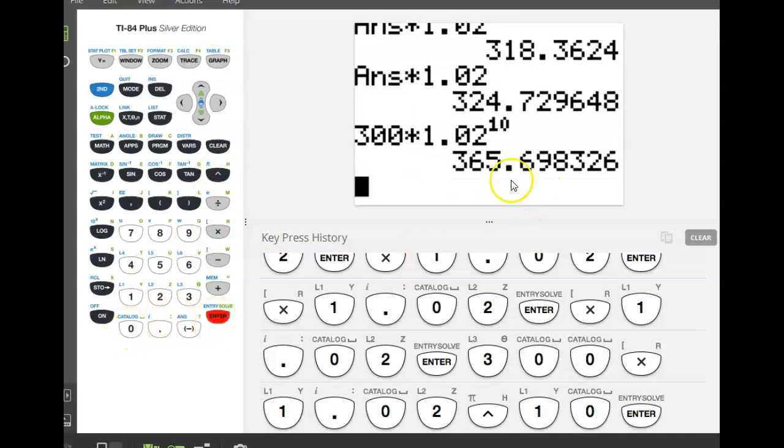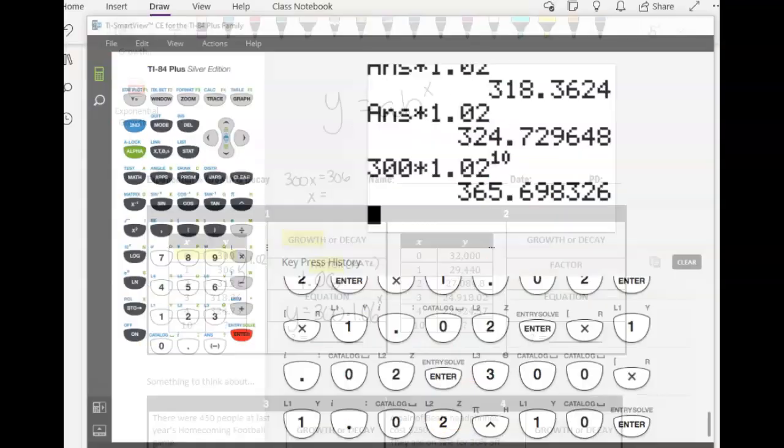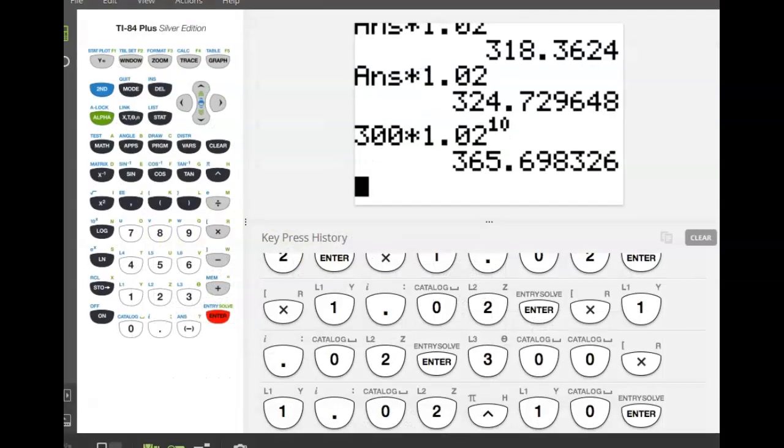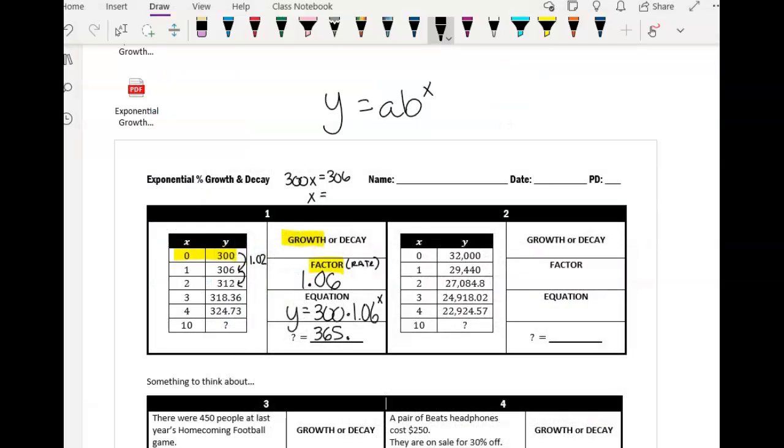I hit enter, and we get 365.698. Everything else is rounded to the hundredths, so we round to the hundredths, and it's going to round to 365.70. Something I want you to notice is what we are multiplying by. We're multiplying by 1.06.